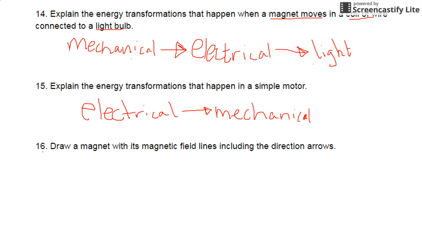And draw a magnet with its magnetic field lines. So if we have a bar magnet with a north pole and a south pole, the magnetic field lines are going to go from north to south. You're going to most easily see that in these middle field lines.